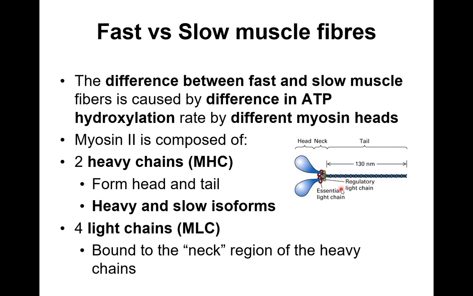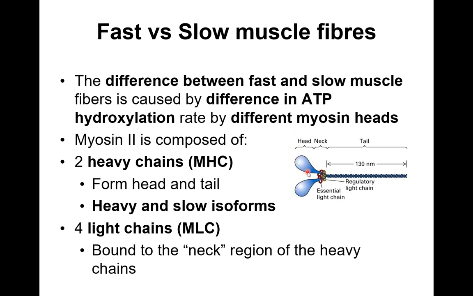You have the tail here, which makes up basically the basic structure, the central core of the thick fibers, right? These are referred to as the tails over there. Then you have the heads here of myosin.